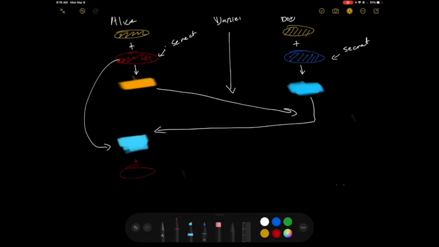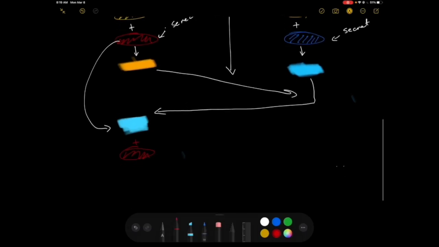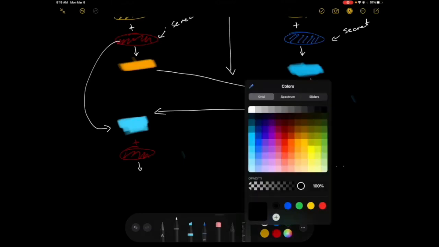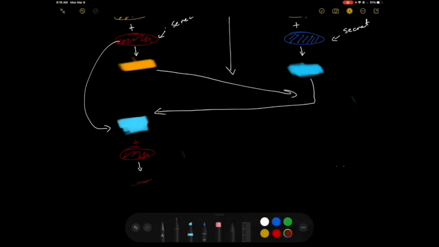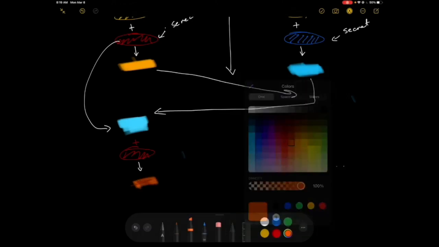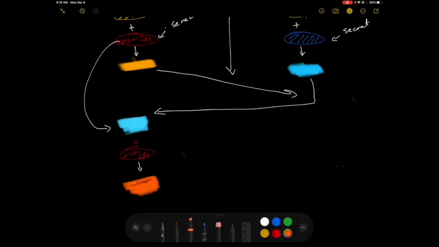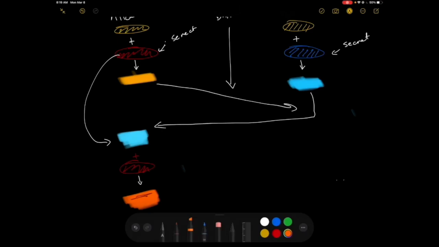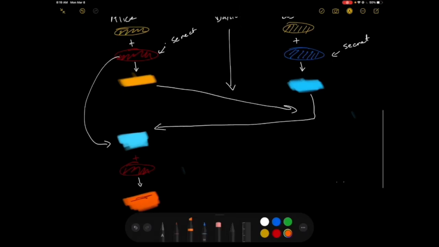So she's going to add her red to this blue, and then she'll get a color like brown. And we'll pick a nice brown here. So she'll get a brown. And we'll do the same thing.